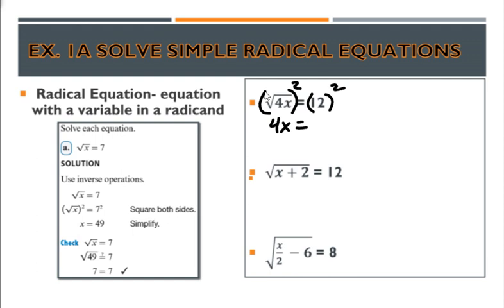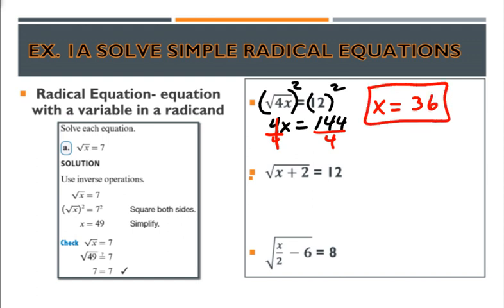So I need to square 12, which will give me 144. Now I can get x by itself by dividing by 4 on both sides. 144 divided by 4: 4 goes into 14 3 times, 24 goes into 24 6 times. So my answer, x equaling 36.